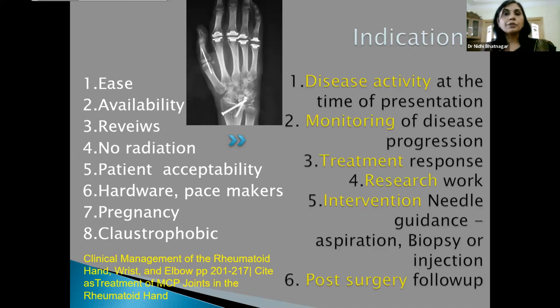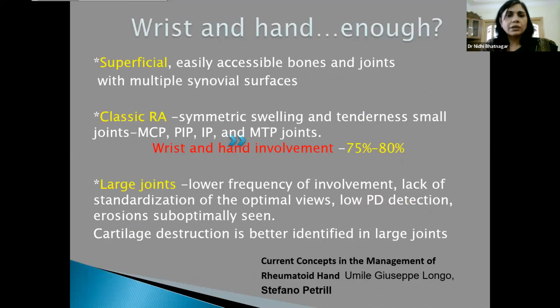So there's no general consensus on which joints to image for diagnostic purpose, and this is definitely a carry-home message that I want to bring. Symptomatic joints should be targeted first, followed by study of all the joints which are typically involved in RA and have been documented, even if they are asymptomatic.